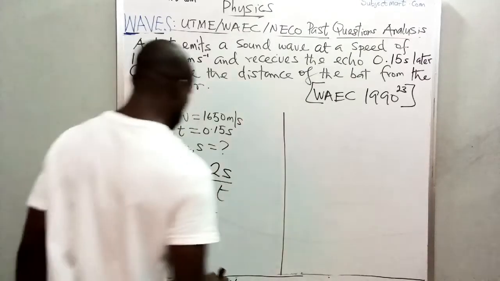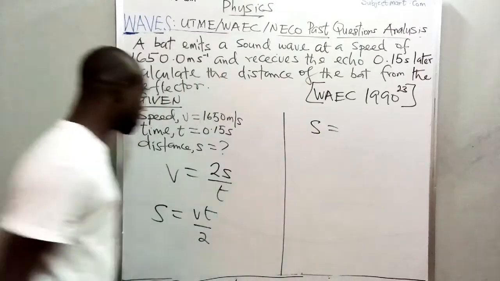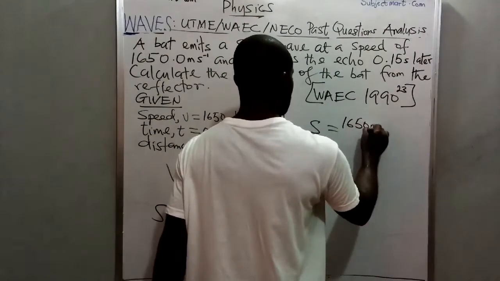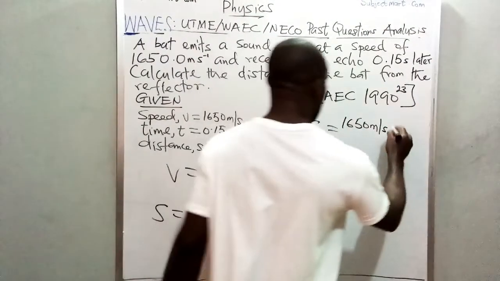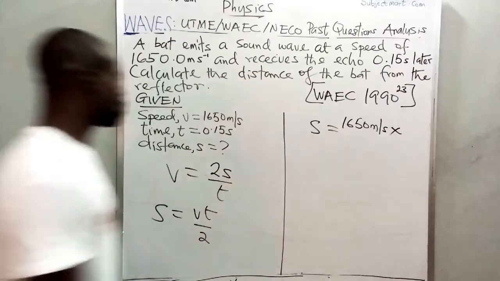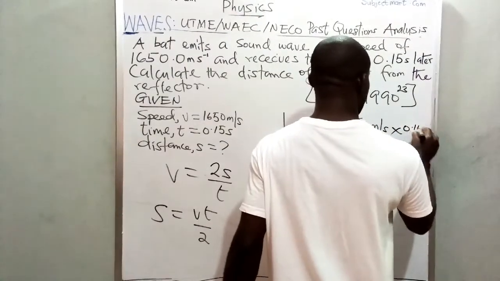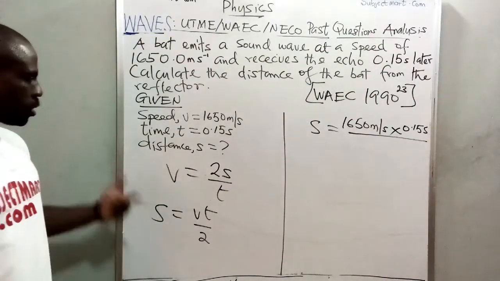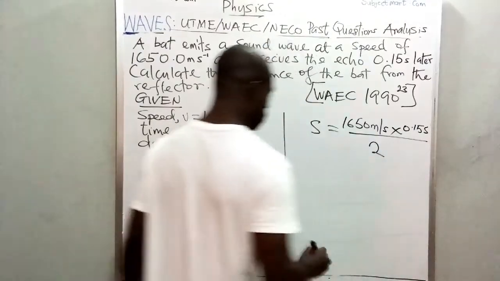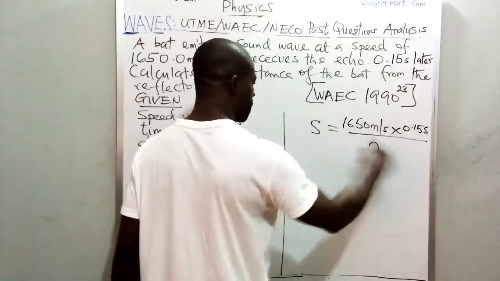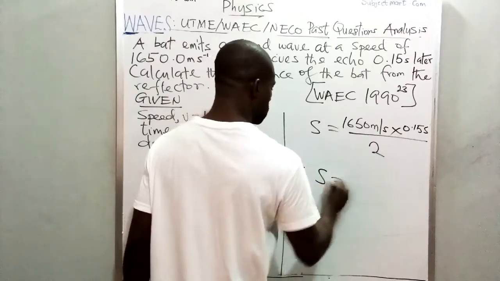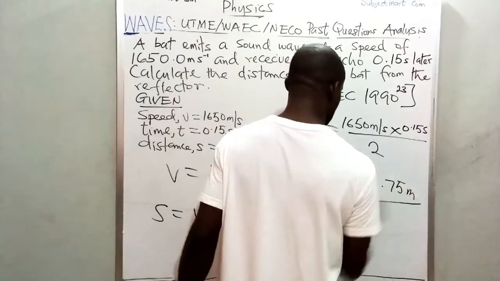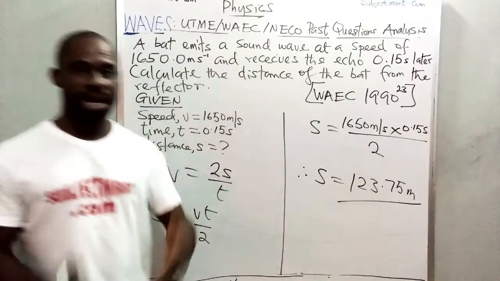Now let's substitute. s is equal to velocity, given as 1650 meters per second, times time, given as 0.15 second, all over 2. By the time we multiply these numbers and divide by 2, our distance is going to be 123.75 meters. That is the distance between the bat and the reflector.